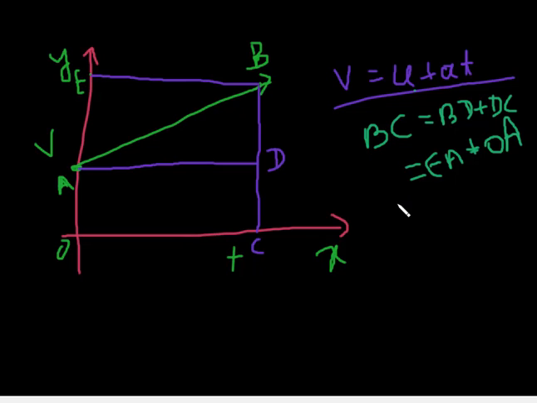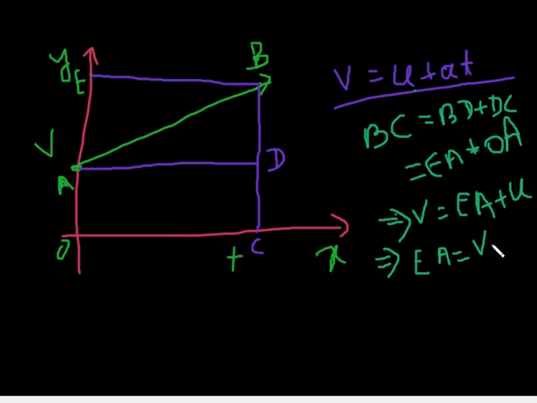So in place of BC, we can write V. Now OA is initial velocity, that is U. So it can also be written as EA is equal to V minus U.